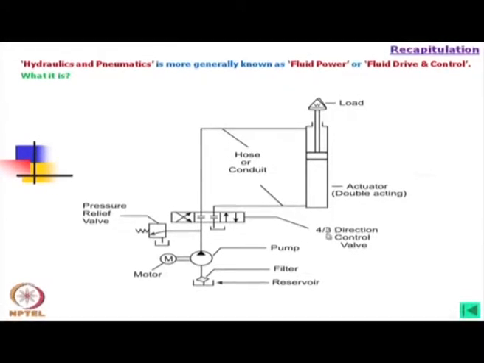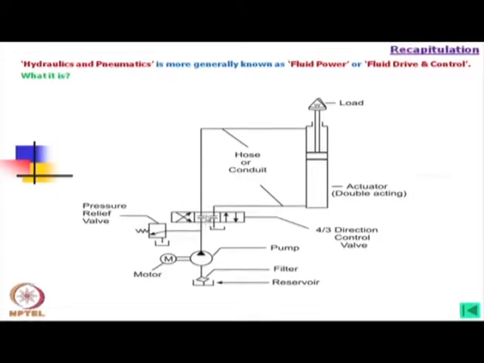So, this 3 is written here and there are 4 ports, so we write 4 here. So, we simply call it a 4/3 directional control valve, but apart from that there are many others which we should attach with this title, because say this, if you look into this portion, what is it?